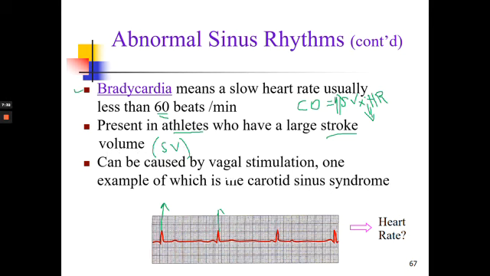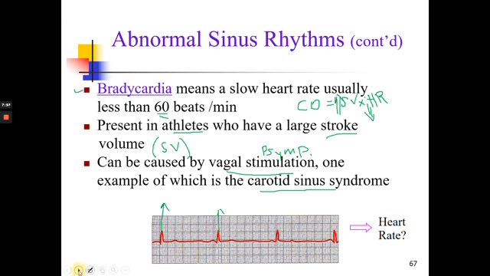It can be caused by vagal stimulation. You remember the vagus is parasympathetic, and stimulation of the parasympathetic causes negative chronotropic effects. An example is carotid sinus syndrome, which means pressure on the carotid sinus.